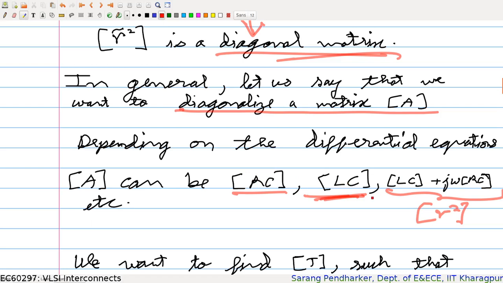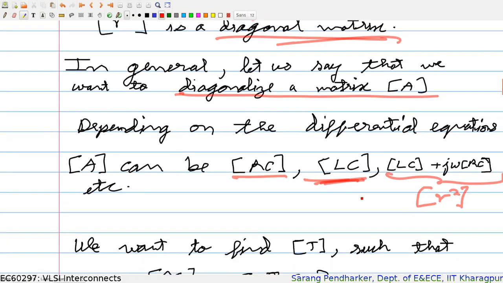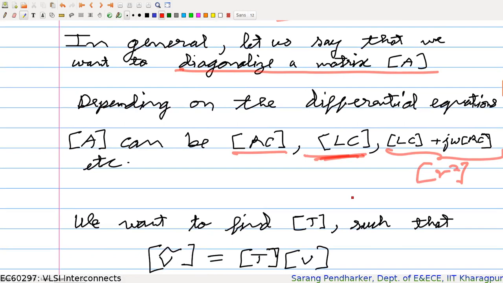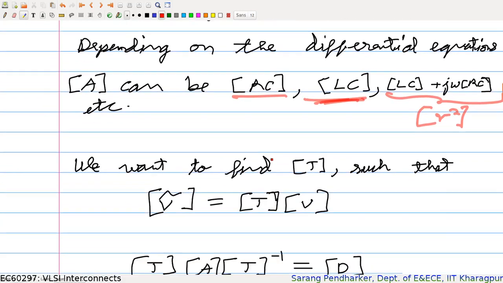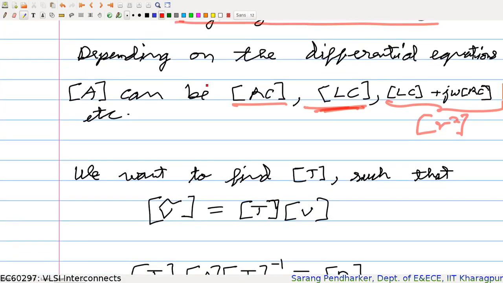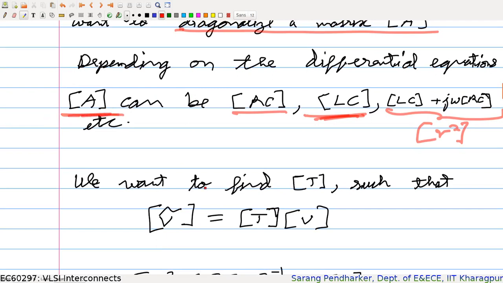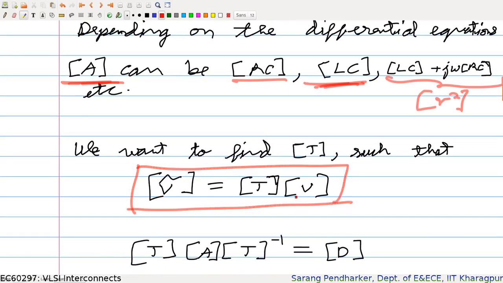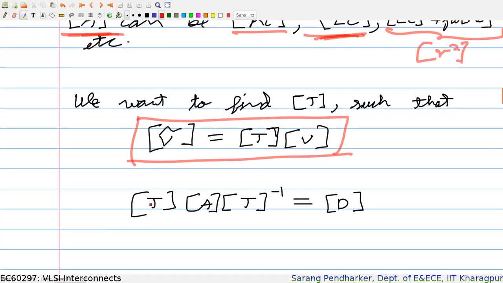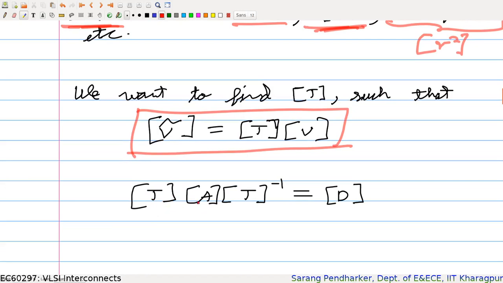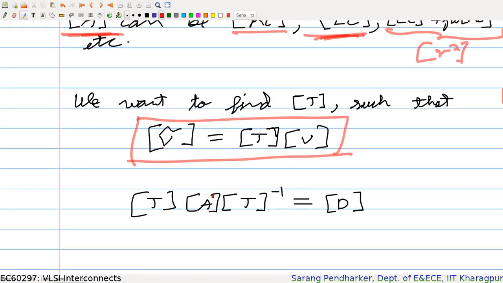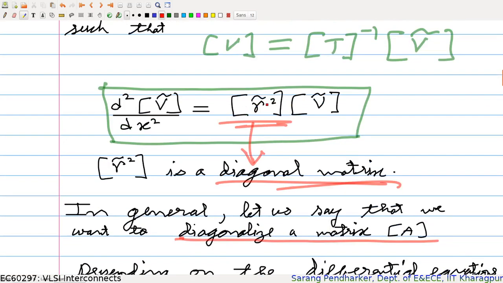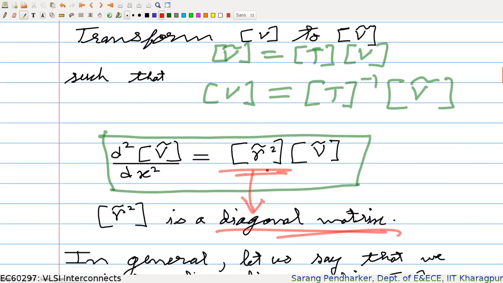But in all these cases, before solving the final equation, what I will require is that for a given general matrix A, what would be my transformation V tilde, which is given as T into V, such that T times A times T inverse has to be diagonal. So this matrix has to be diagonal. And what is gamma tilde?